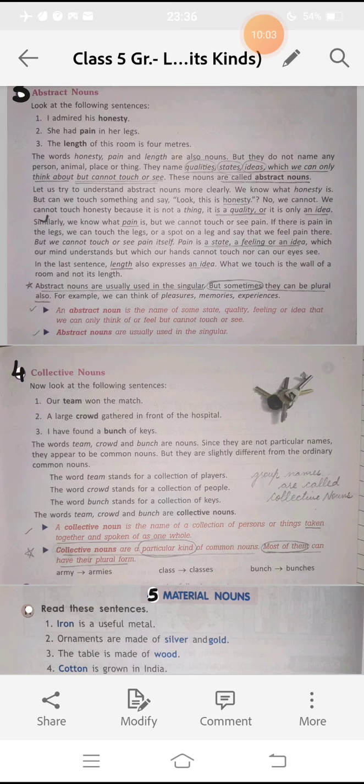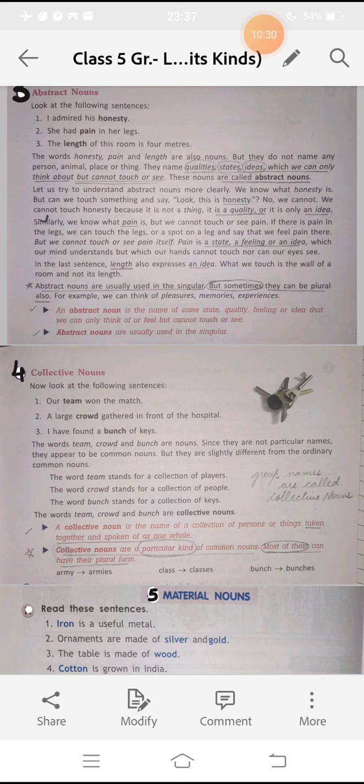You can say that group names are called collective nouns. Look at the words team, crowd, bunch. Team refers to a group of players, crowd is a group of people, and bunch here is of keys. It can be of bananas also. So that is how team, crowd, bunch will be collective nouns.